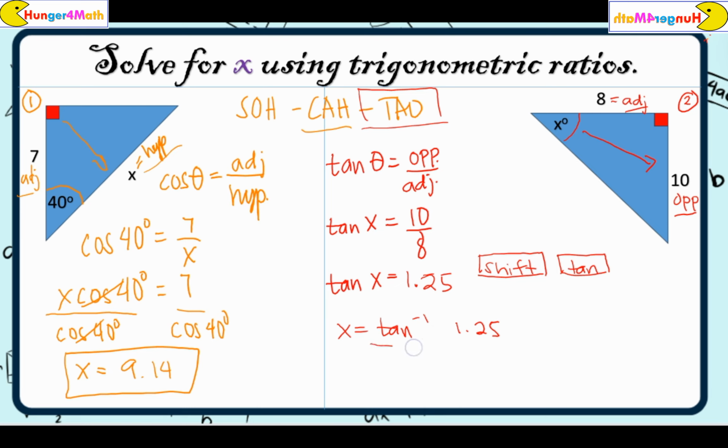Afterwards, once you see this in your calculator, then press equal. So x now is equal to 51.34 into 2 decimal places. Now, since x is an angle, it should be in degrees, and that is the value of our x, 51.34 degrees.